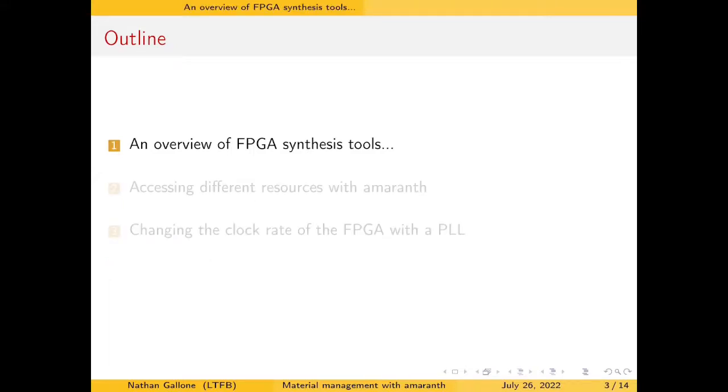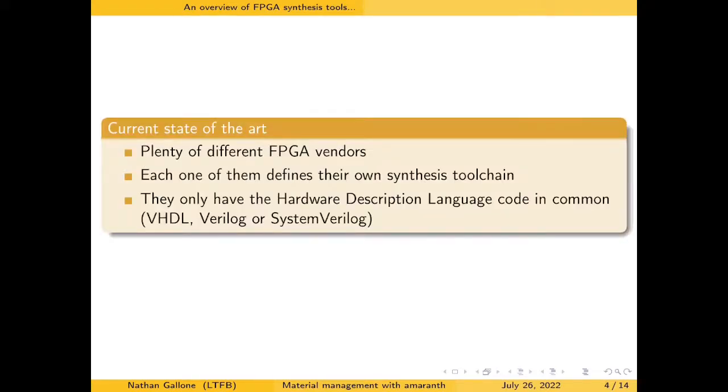So now let's see a bit more about FPGA synthesis. Currently, there are many different kinds of FPGA. Some are quite cheap, others have a lot of features but their price may grow up quickly. What's most important to remember is that there are plenty of different board providers, which is a shame because each provider uses a different synthesis, placement or routing toolchain.